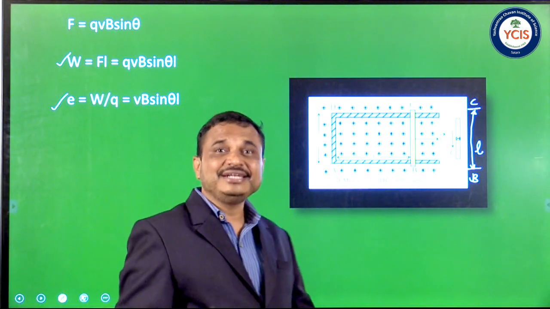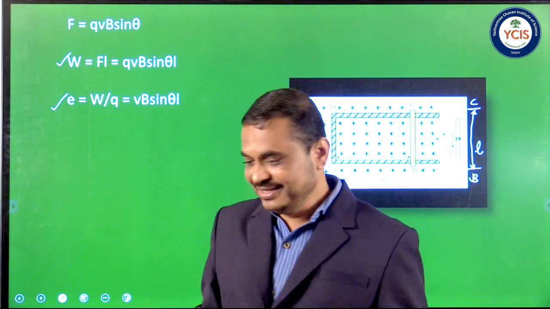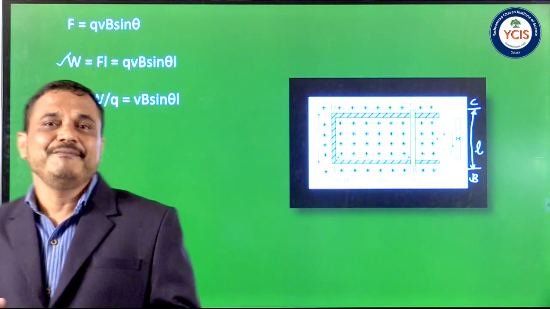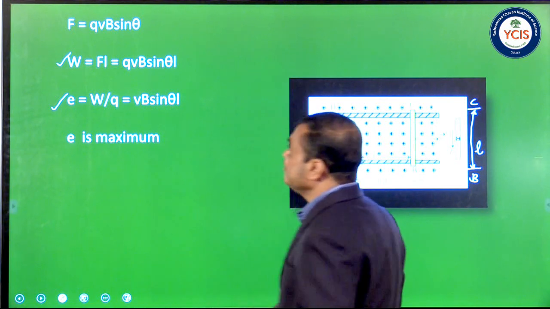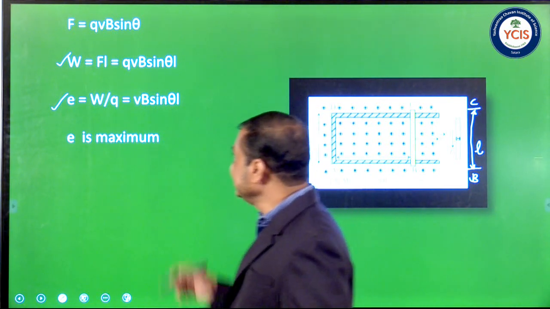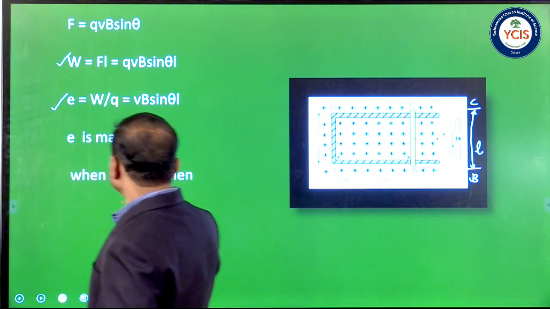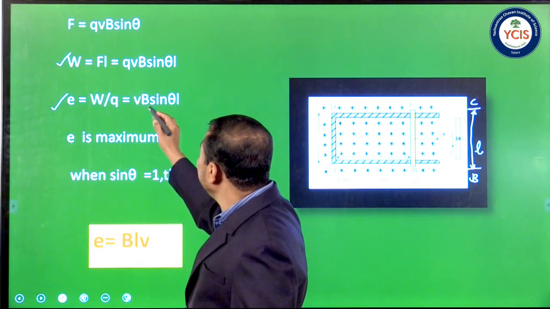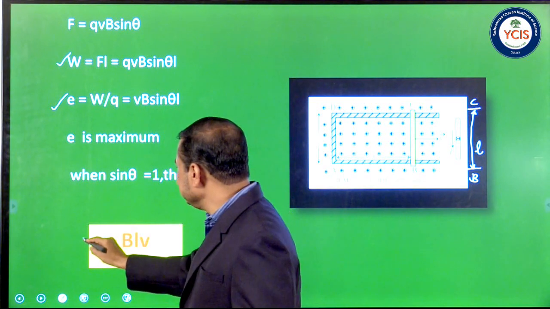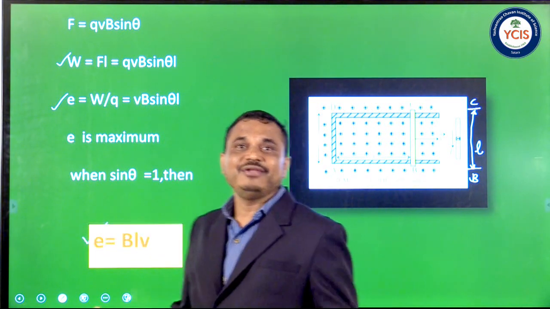When sin theta is 1, the induced EMF is maximum. Substituting this condition, we get E equal to vB into L, that is E equals BLv.